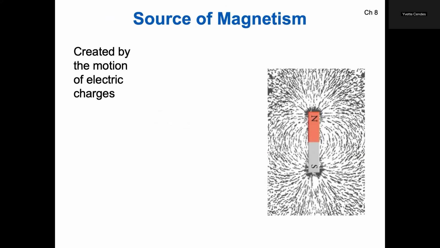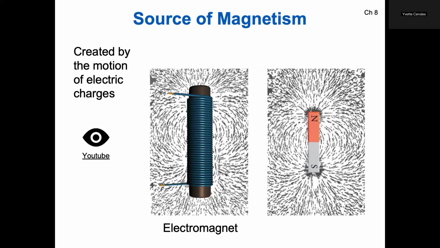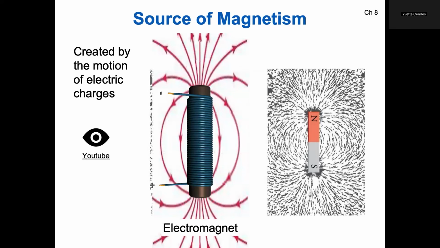So what causes magnetism? It is created by the motion of electric charges. What this means is if we have an electromagnet, for example, it will create a field, with lines created because electric charges are moving through the system. So why does this matter for the planet?